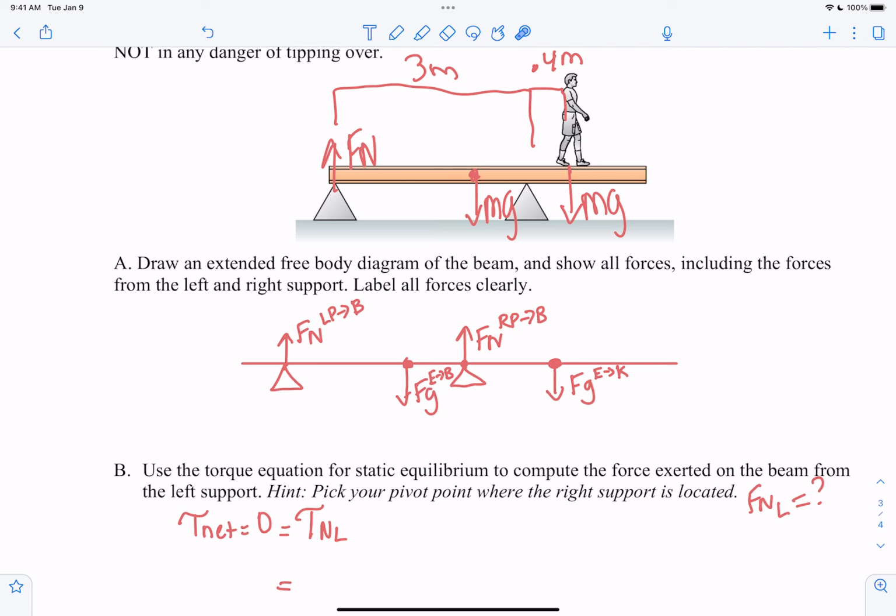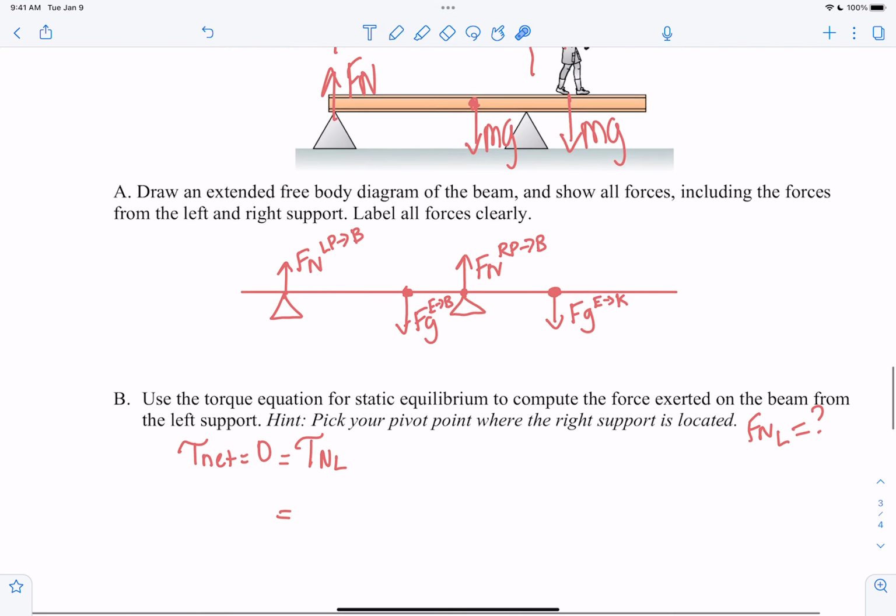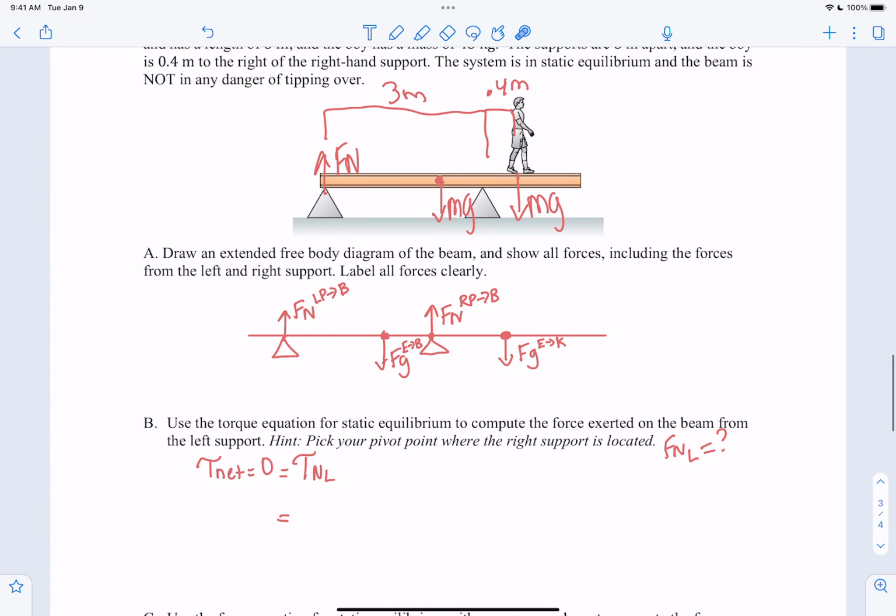Does that make sense? At least, I'm fairly certain that's how it should be, unless I'm overlooking something or making a stupid mistake. But that's usually how the torque problems go. I don't think I've ever seen a problem where we've had to really look at the normal force exerted back on an object from the beam or from the rod or anything like that.